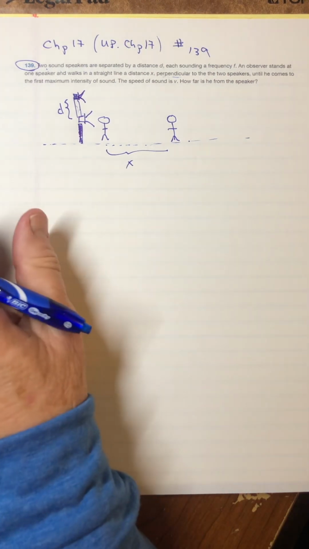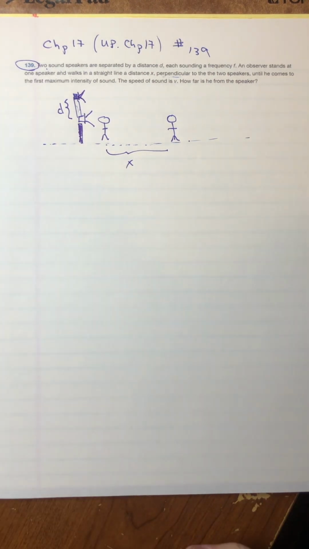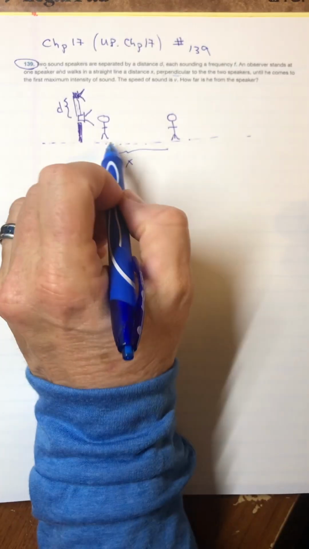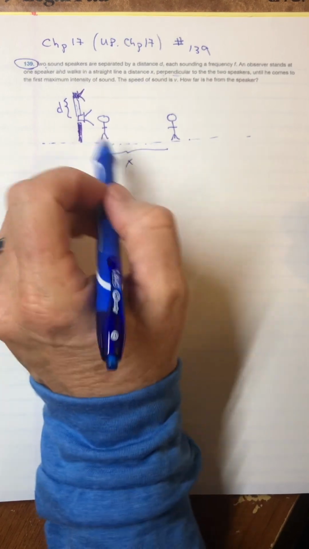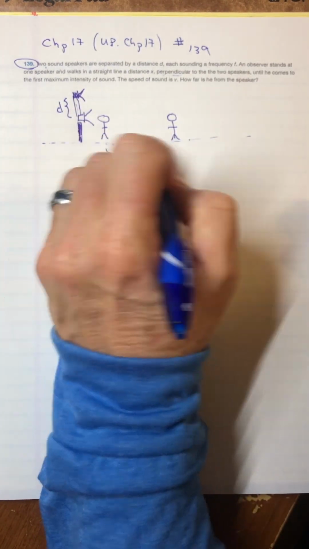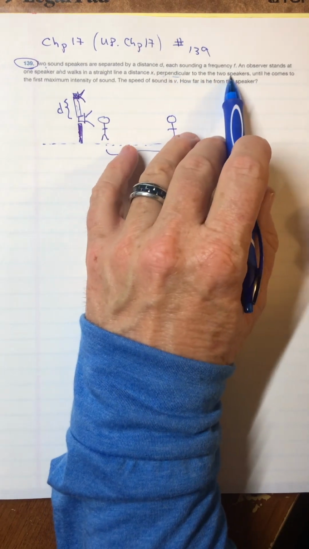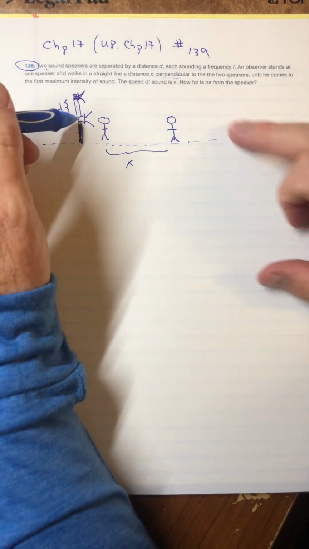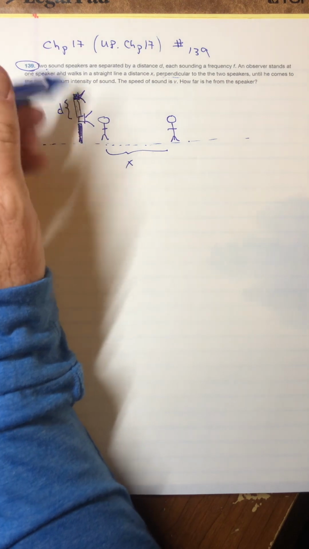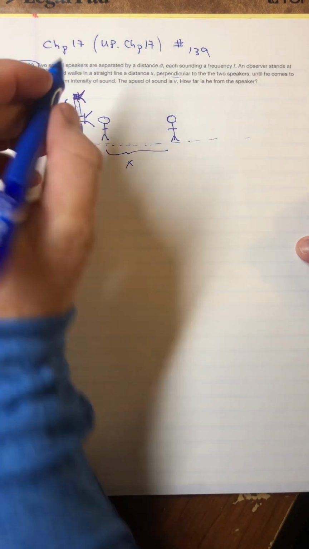At first I was thinking maybe the author didn't say enough, but you can set up however the person walks, and most people walk horizontally. So I'm going to say the person walks horizontally a distance x, and it is perpendicular to the two speakers. So I think they're implying the line between the two would have to be perpendicular to the direction they walk.